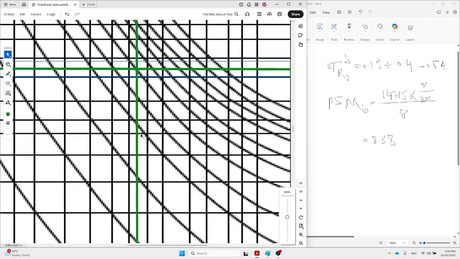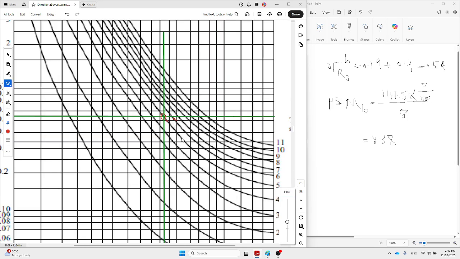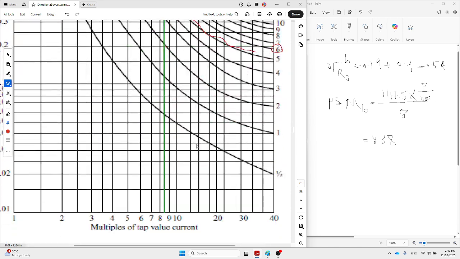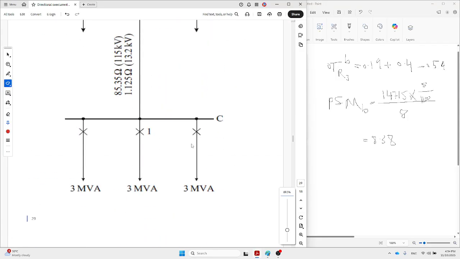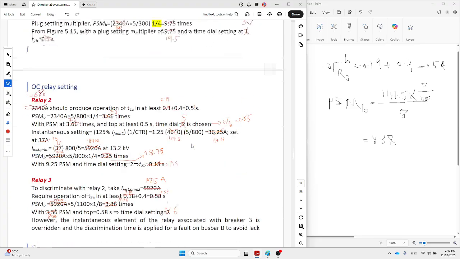If you zoom in, you can see it looks like at this point, correct? So you can check it better whether you choose this one or this one. Let's see which one we must choose. This one is 5 and the other one is 6. So I suggest picking 6 to make it a safe system and safe operating time.